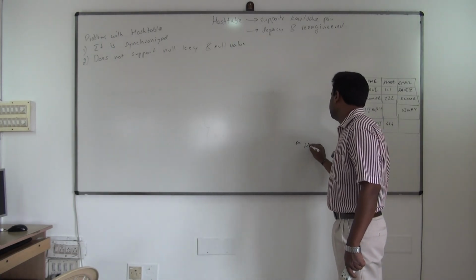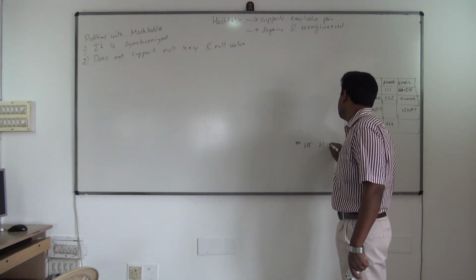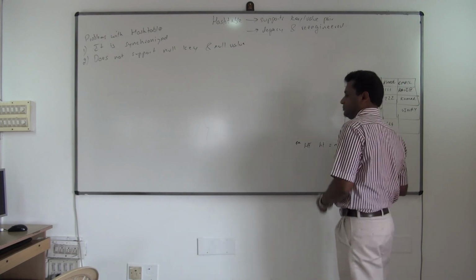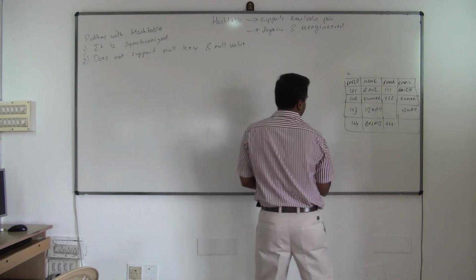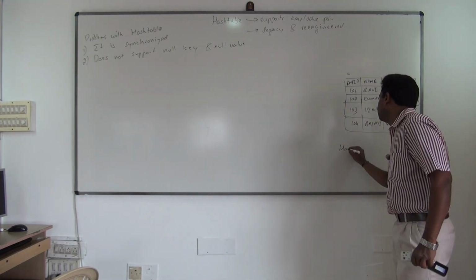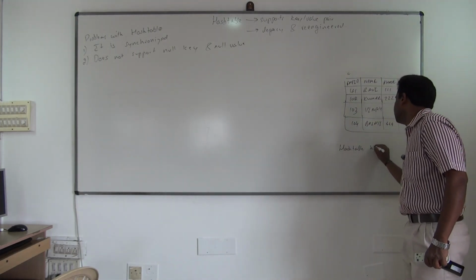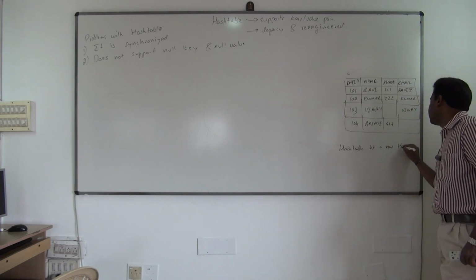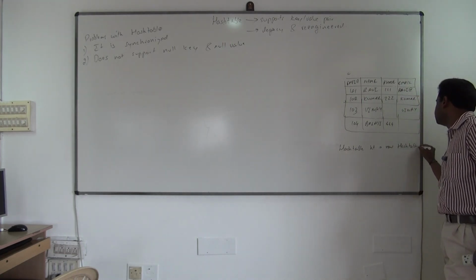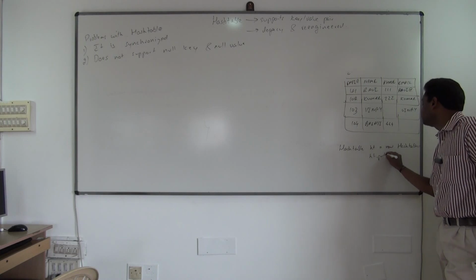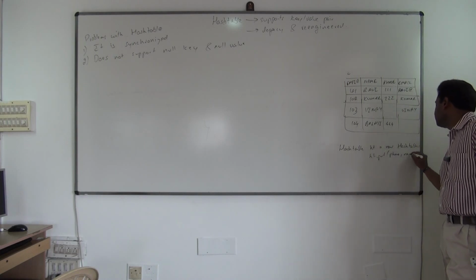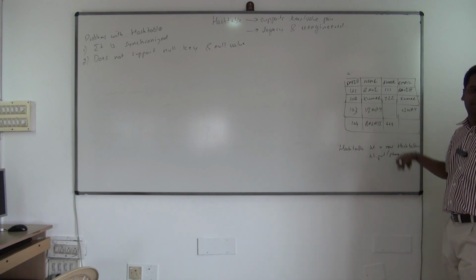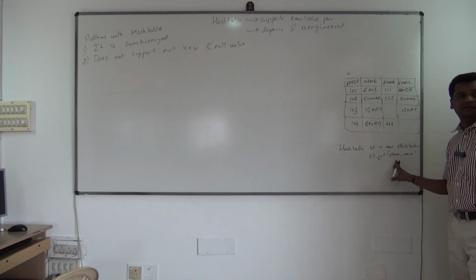Not only that, supposedly, see, null key means your key will be like this now. Hashtable ht is equal to new Hashtable. ht.put, so I'll take phone as the key, name as the value. Now the name is coming, but the phone number is null now.